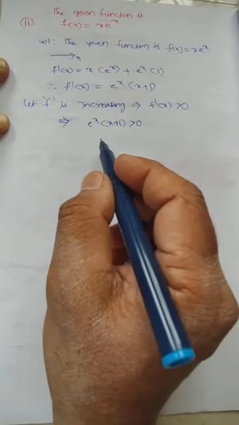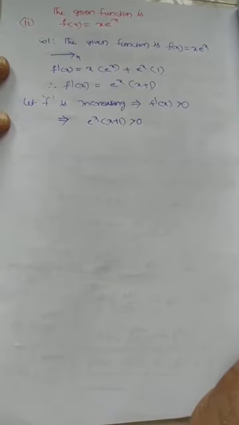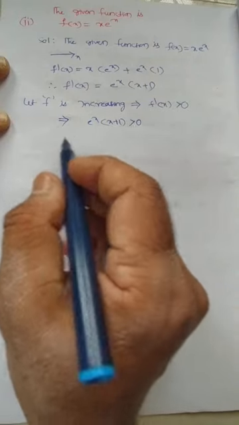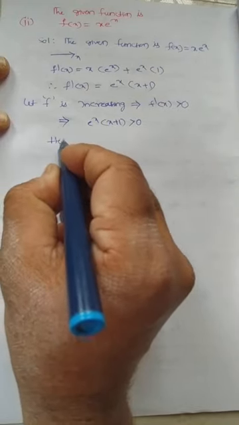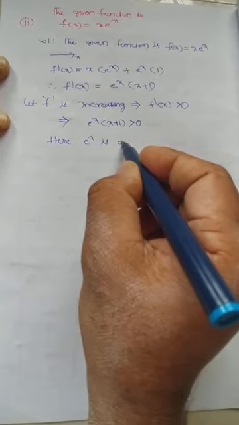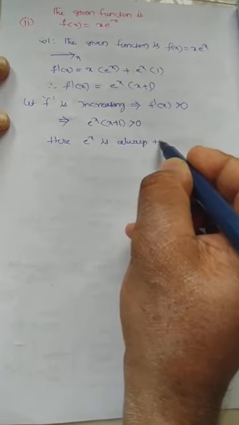So in this case, just look here: e power x into x plus 1 is greater than 0. Here e power x is always positive.